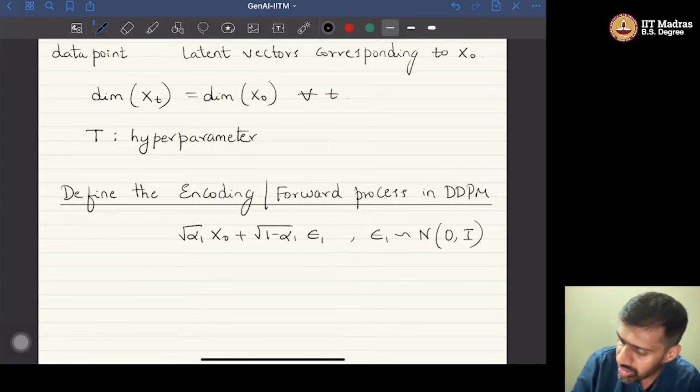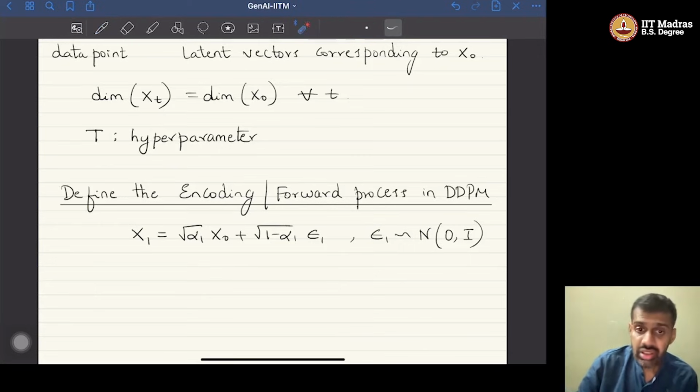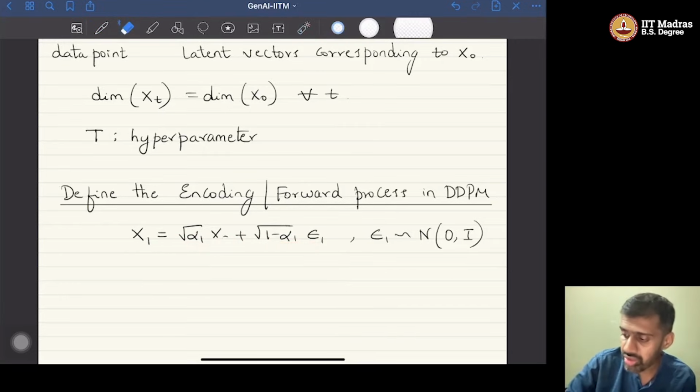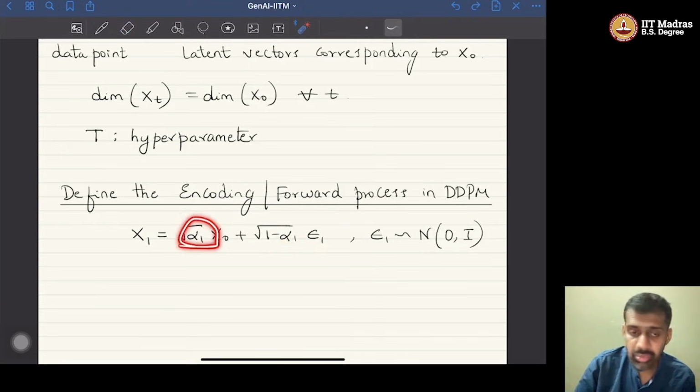So this is taken to be the first latent space. The first latent space is taken to be the scaled and shifted version of x naught, which is the data variable. The scale is defined by a constant alpha 1, and the shift is defined by a scaled version of a random sample that is drawn from a normal distribution.